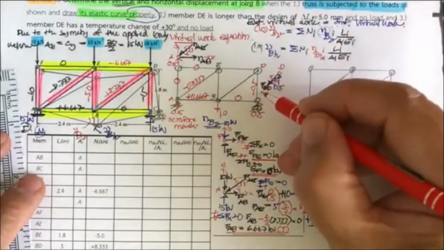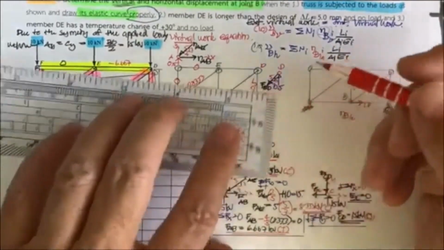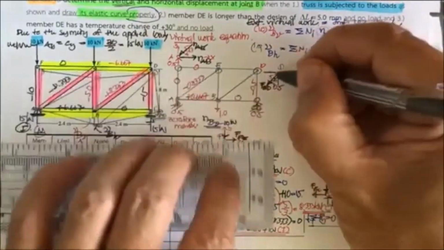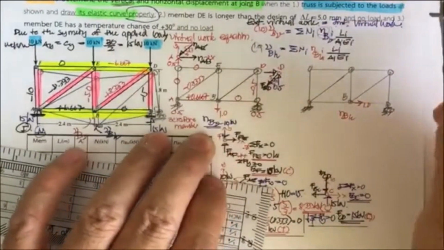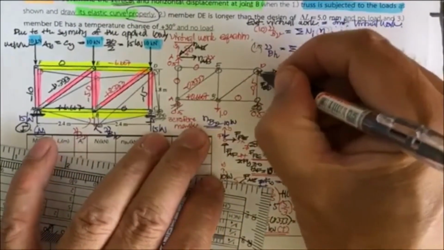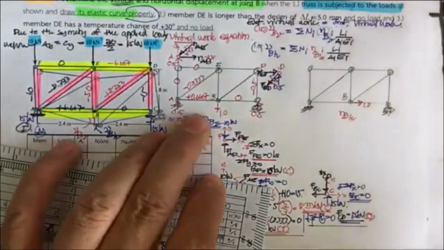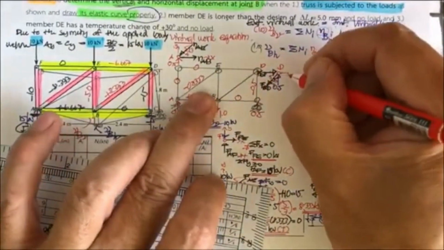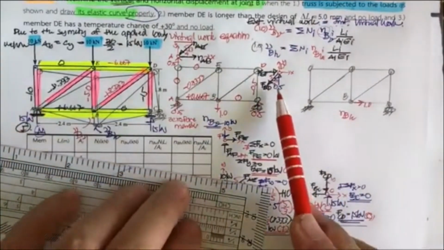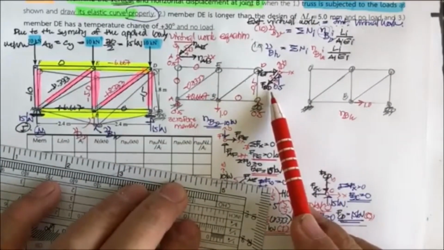Since this one is in this direction, the force here is going to be in this direction. This is going to be F sub ED. If you set this one up as X and this one as Y, which equation are you going to use first?